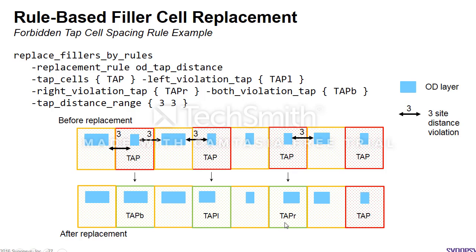It will be replaced with TP, tap right. And if this tap cell is between both sides, you will replace it with tap B in this example.